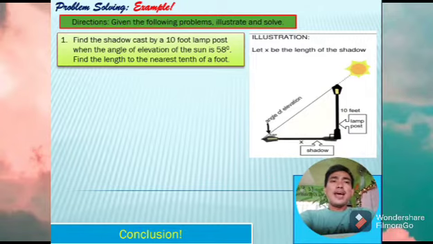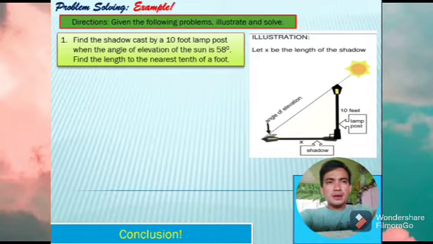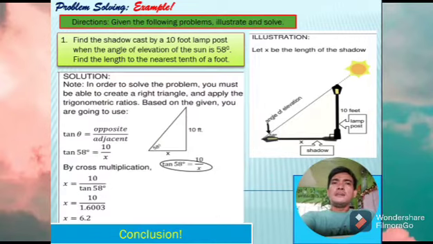Let x be the length of the shadow. So here is our lamppost and the shadow that is being cast from the ray of the sun. Now, for our solution, in order to solve the problem, you must be able to create a right triangle and apply the trigonometric ratios.